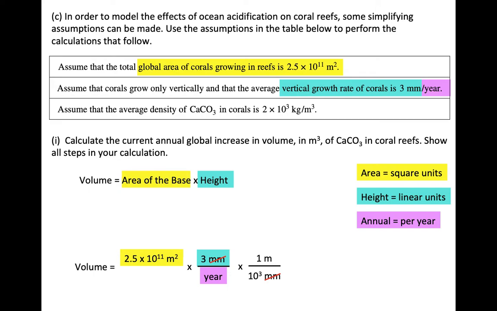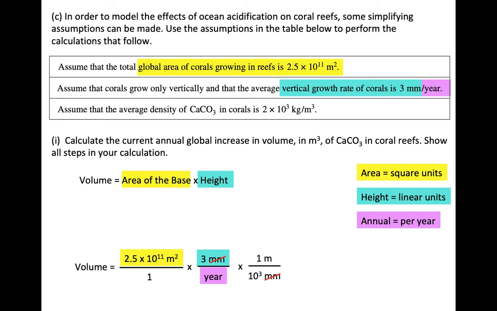So we're going to multiply our numbers across the top and divide by our denominator. Remember that 2.5 times 10 to the 11th is multiplication, so that is in the numerator. So when I have 10 to the 11th in the numerator and 10 to the third in the denominator, I take the exponents and I subtract.